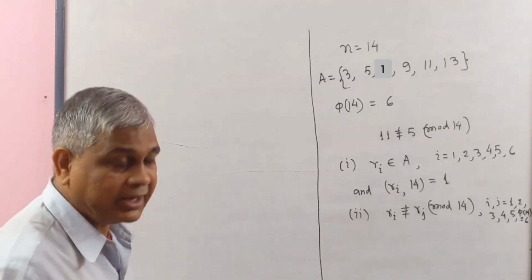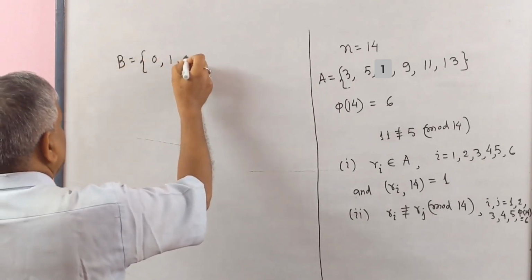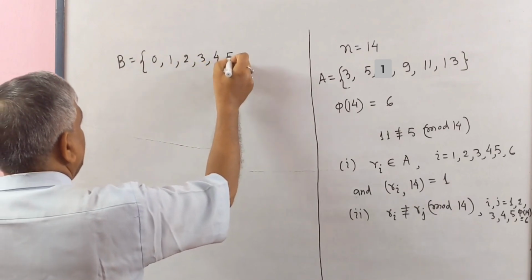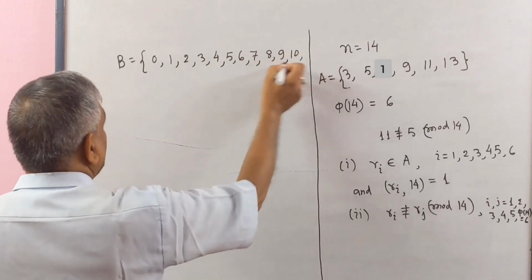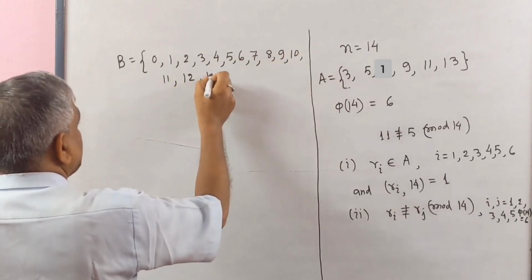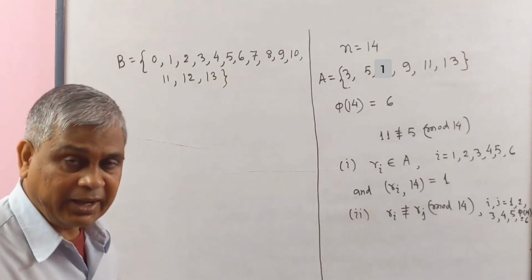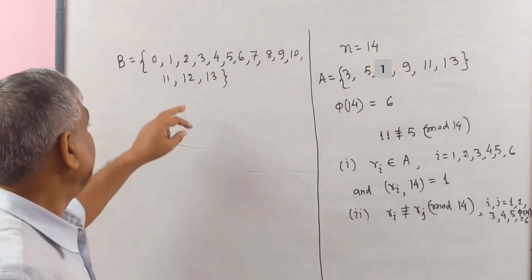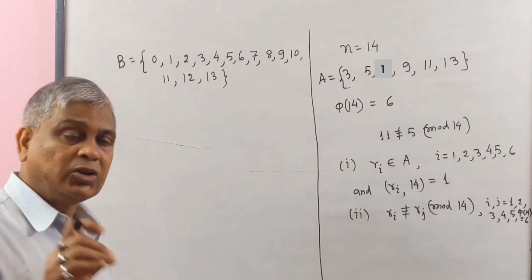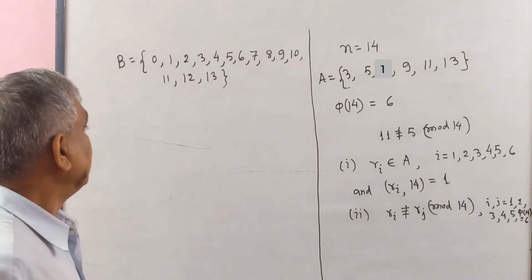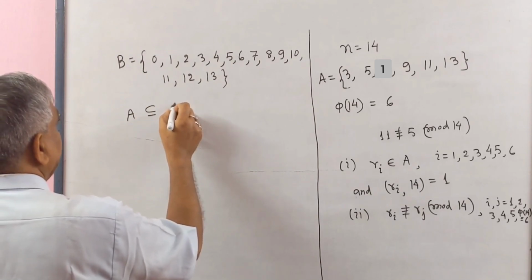Let B be a set containing elements 0, 1, 2, 3, 4, 5, 6, 7, 8, 9, 10, 11, 12, 13. When any integer is divided by 14, then we get the remainder which belongs to set B. Here we see that set A is a subset of set B.